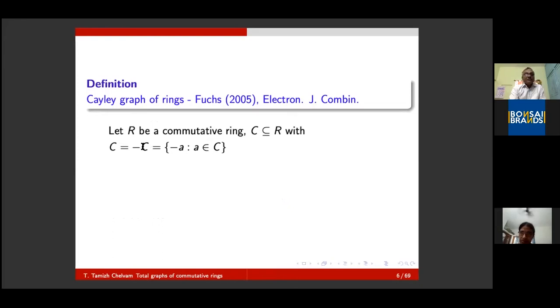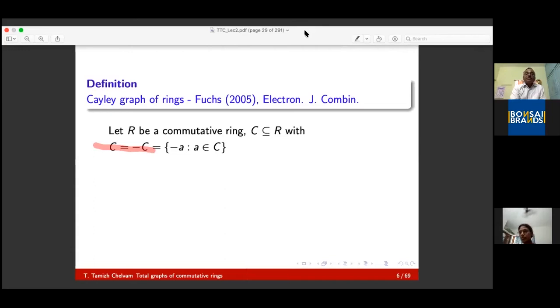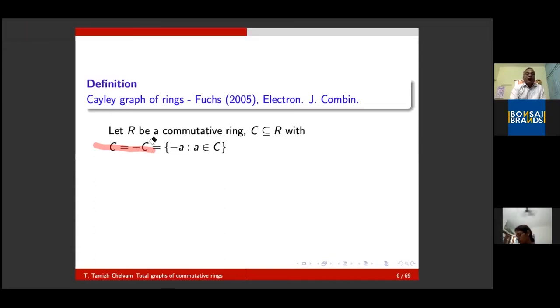Thereby, we consider the subset C satisfying the symmetric property with respect to addition, because symmetry can be considered only when you have an inverse. In any commutative ring, you have inverses of elements with respect to addition. Therefore, the symmetric property is considered only with respect to addition, namely C equals minus C. That means whenever A is an element of C, minus A should also be an element of C.